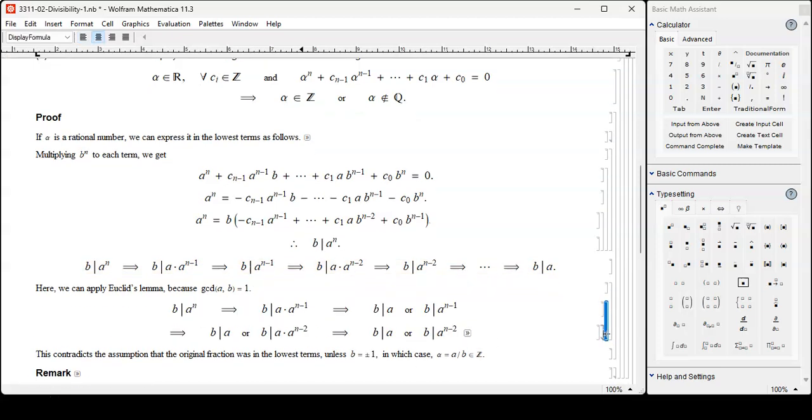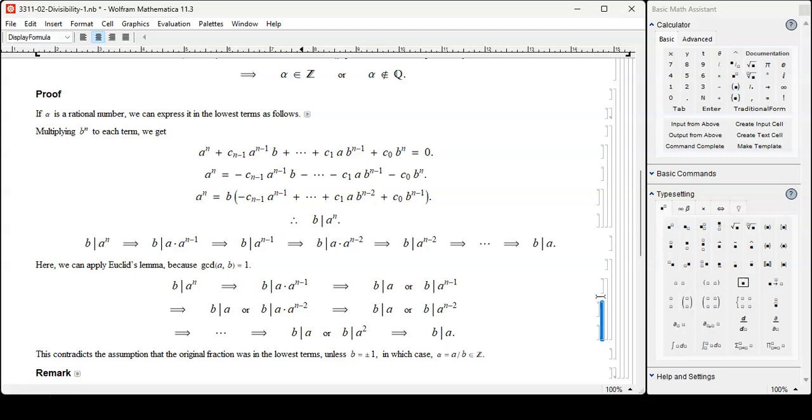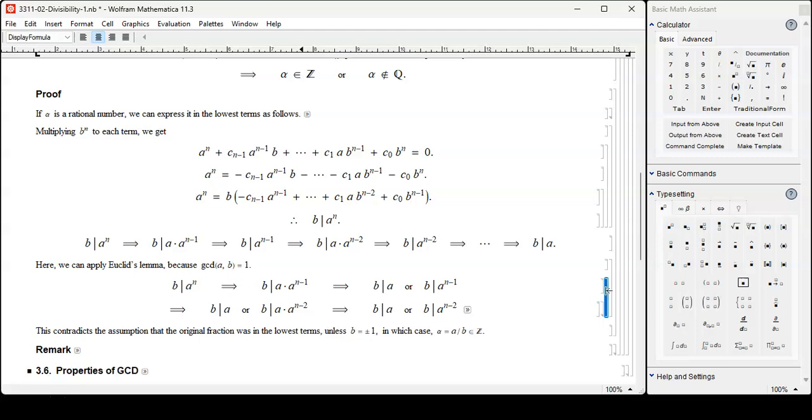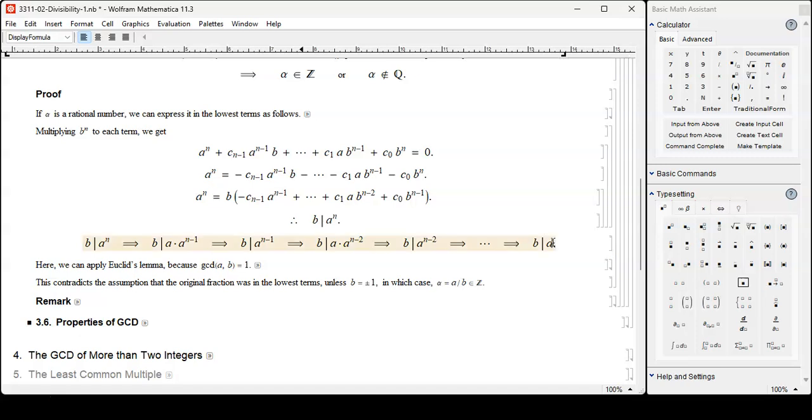I have written everything here in a bit more formal fashion, but yeah, I wrote a bit too much. The simplified version looks better to me. So this contradicts the assumption that the original fraction is in the lowest terms unless b is plus or minus 1, so that there is no need to reduce anything to begin with. In which case, of course, alpha, which is a over b, but the denominator is 1 or negative 1, is an integer, so alpha is an integer.